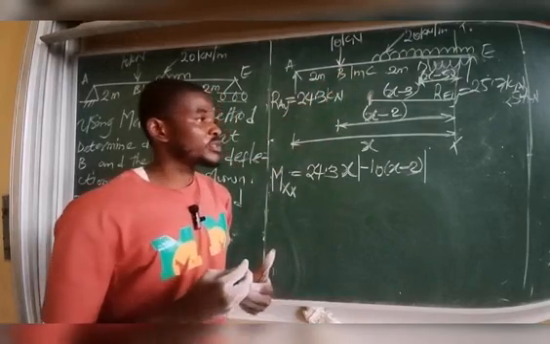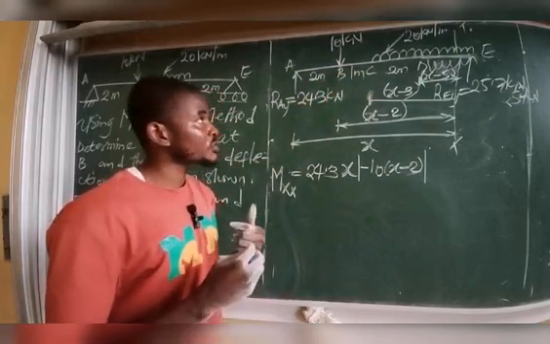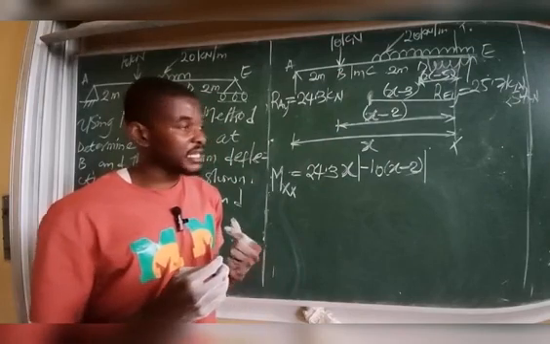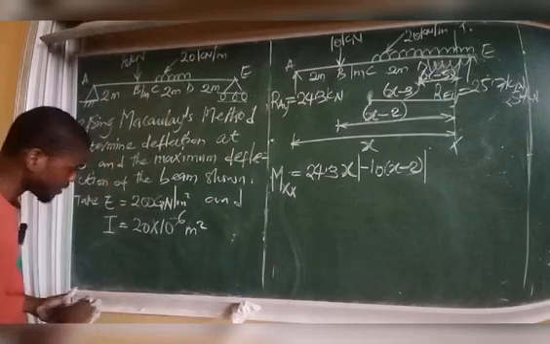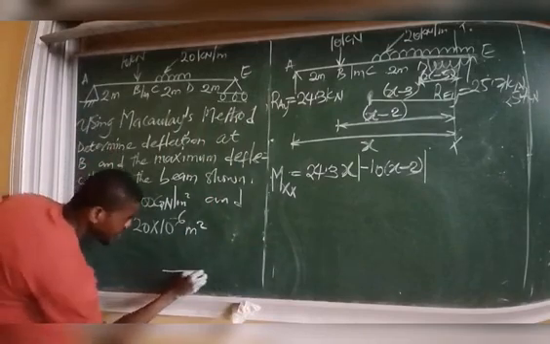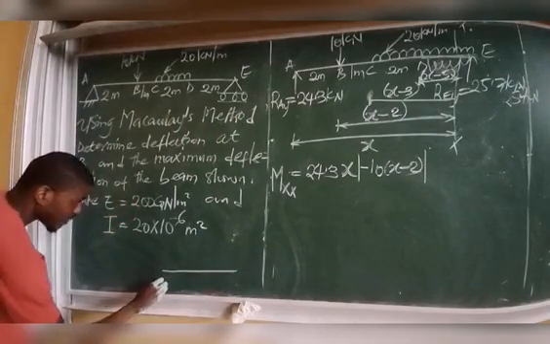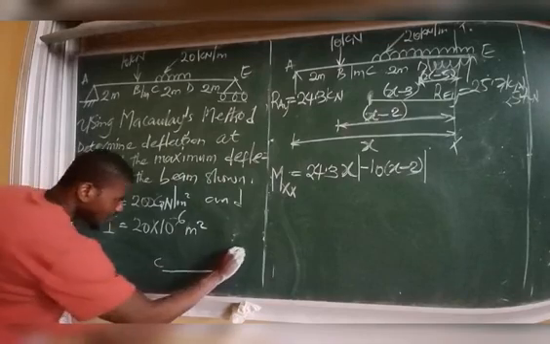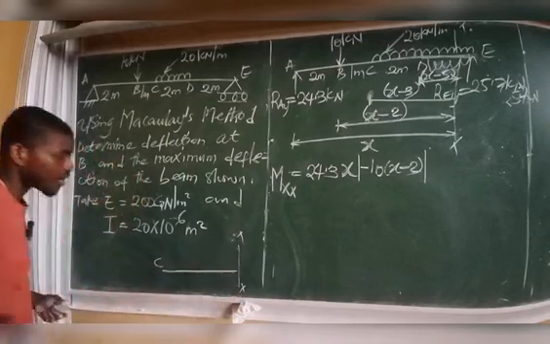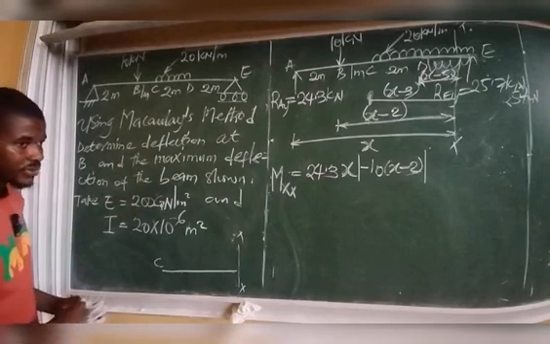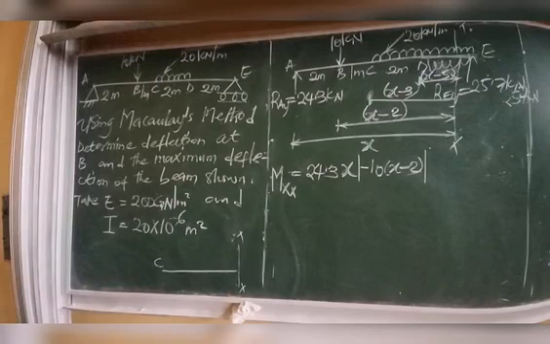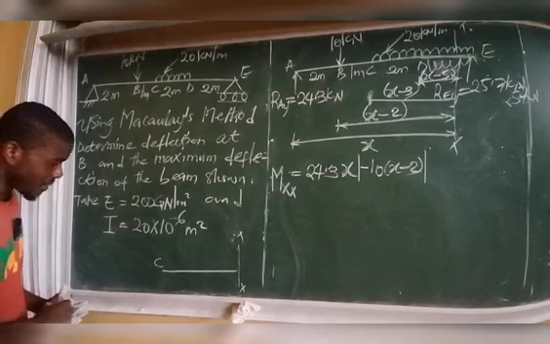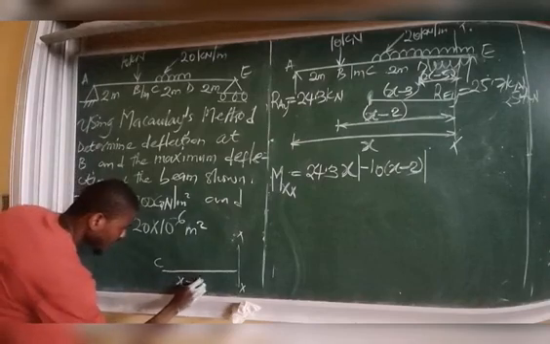And to convert a UDL to a point load, not forgetting, you multiply the intensity of the UDL by the length covered. So, let's say this is the beam, this is point C, and this is the point of section xx, and we've established that the length covered by this UDL is simply x minus 3.